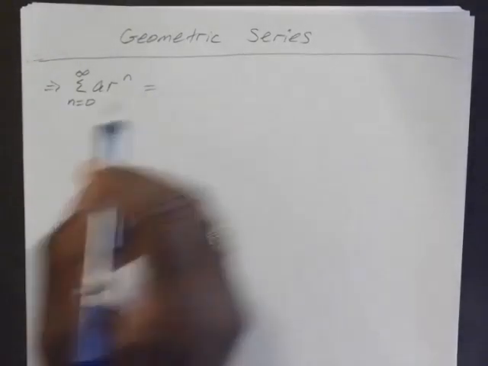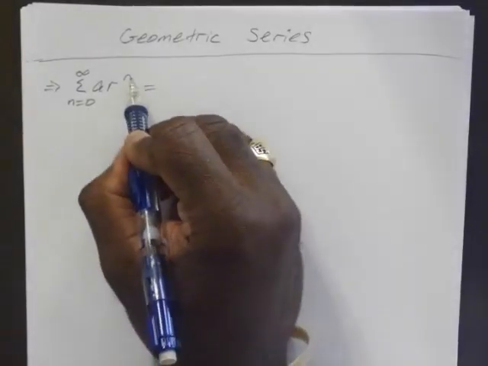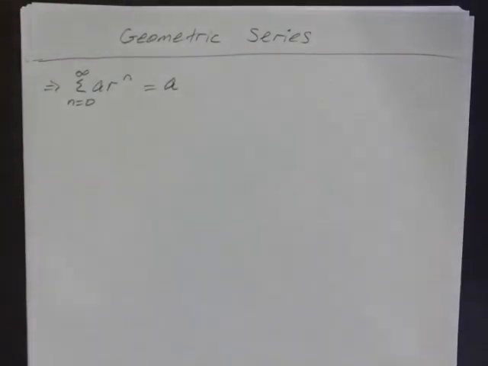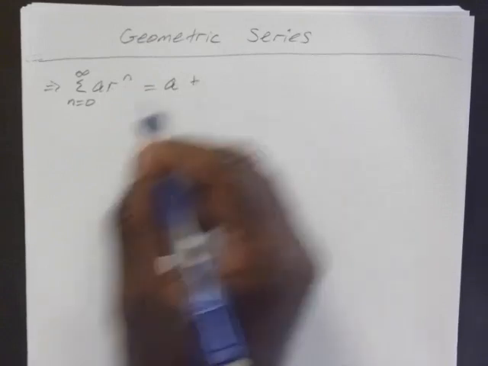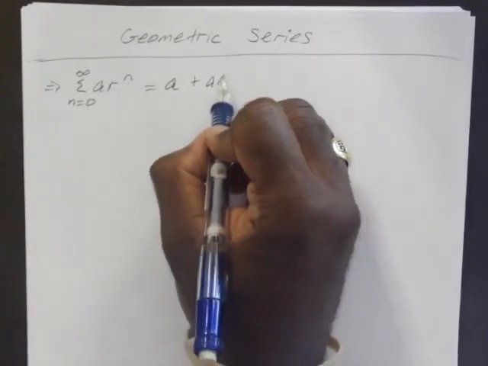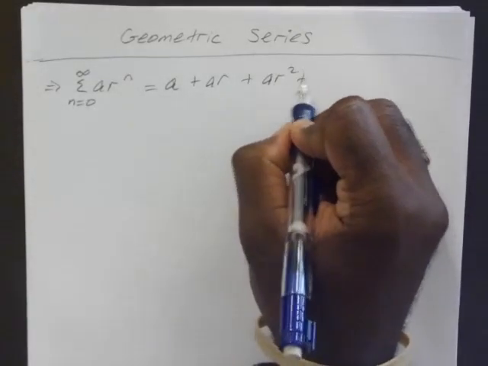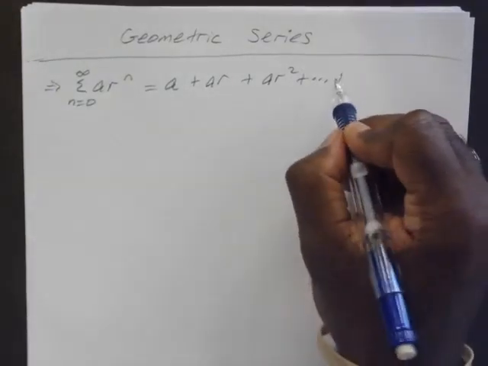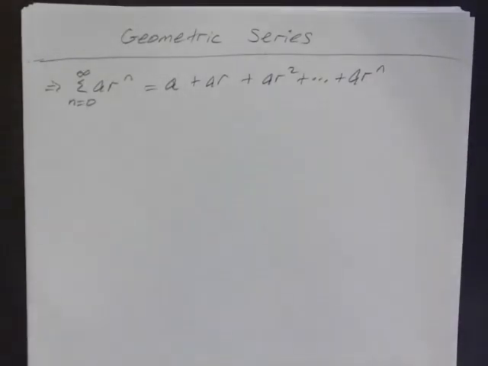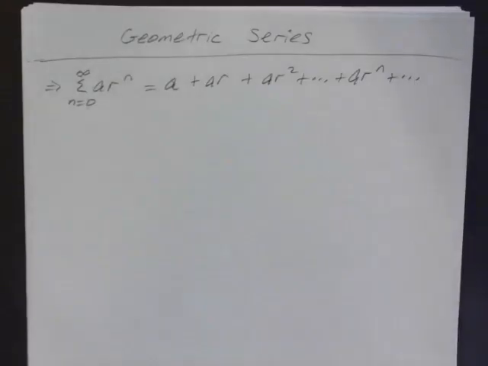If you plug in n equals 0, you have r to the power of 0, which is 1, so the first term is just a. Plus, you plug in n equals 1, you have a times r. Plug in n equals 2, you have a times r squared. And it keeps on going until eventually it reaches some finite value n, but it goes to infinity, so we keep on going even after that.